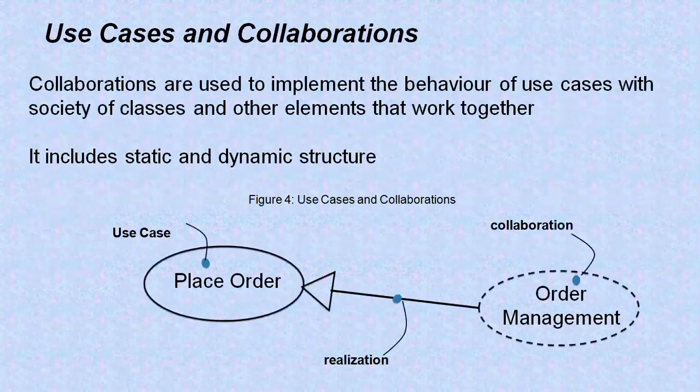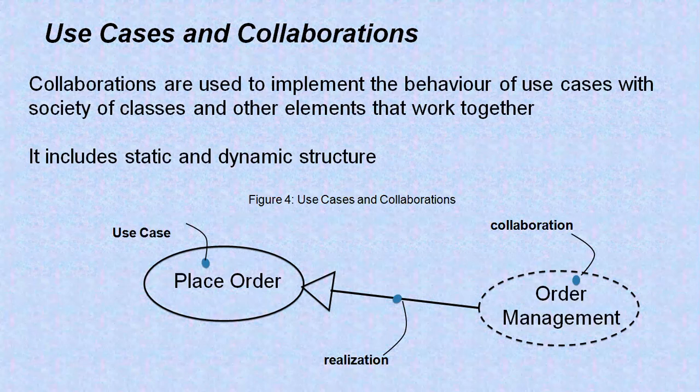Coming to use cases and collaborations, a use case captures the intended behavior of the system or subsystem, classes or interfaces we are developing, without having to specify how that behavior is implemented. So that is an important separation, because the analysis of the system should not be influenced by implementation issues.